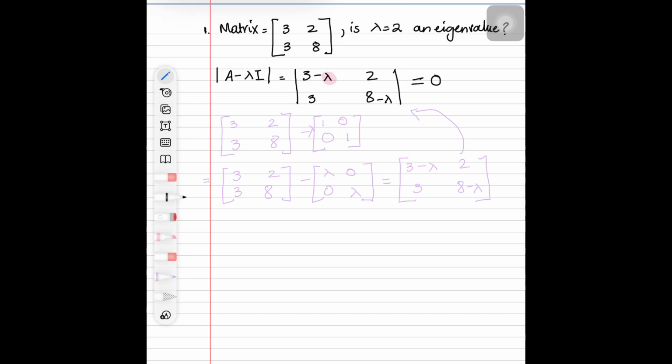Okay. So I hope we all know how to find the determinant of a 2 by 2 matrix.